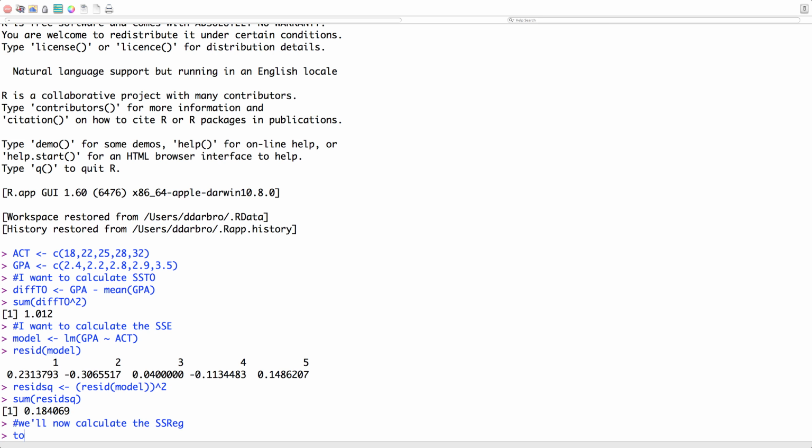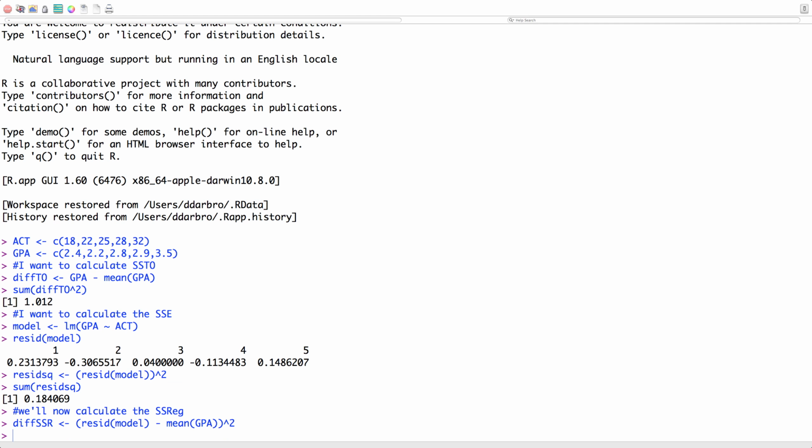I'm going to do difference, sum of squares regression. So what I want to do is take the residuals for the model minus the mean for GPA. I want to square this. And then I want to find the sum of diff SR.